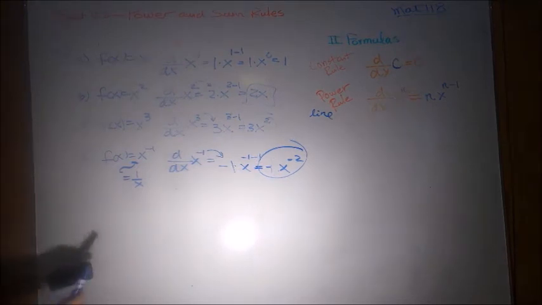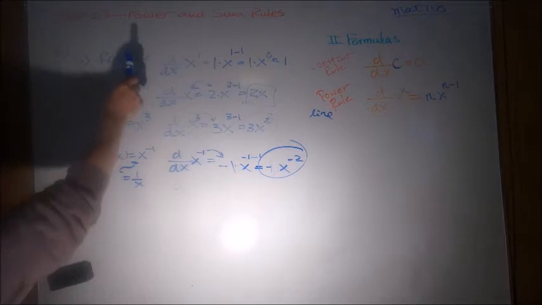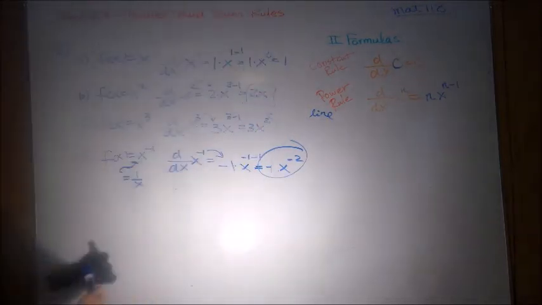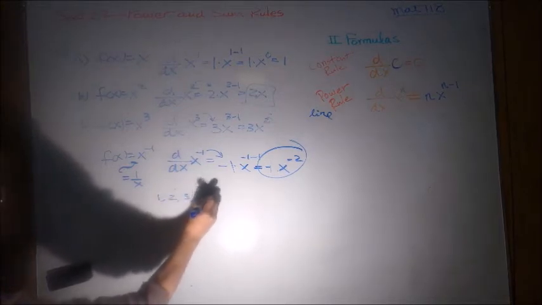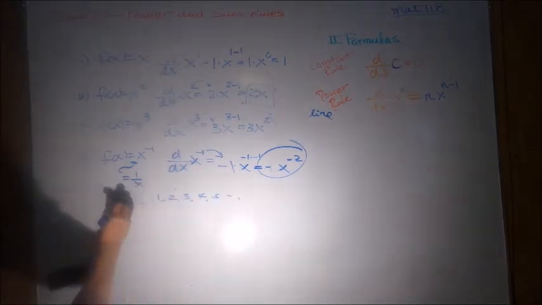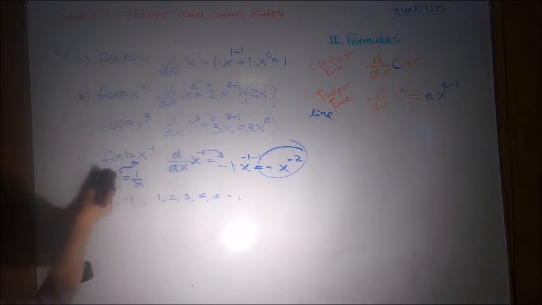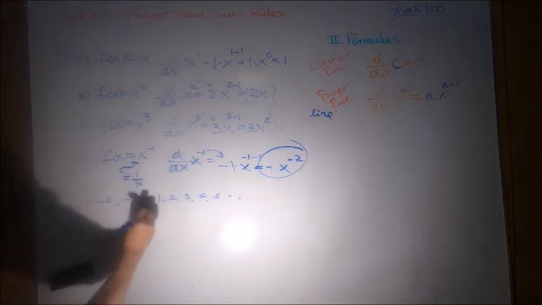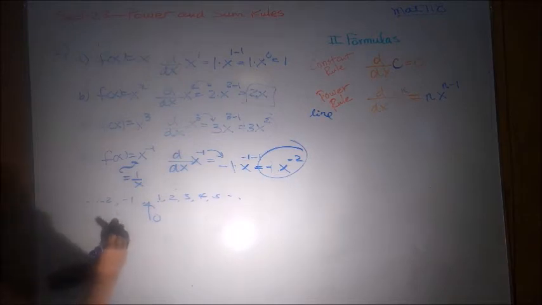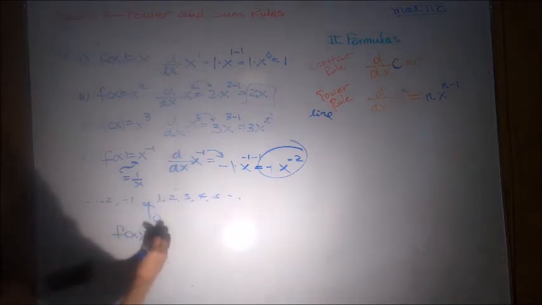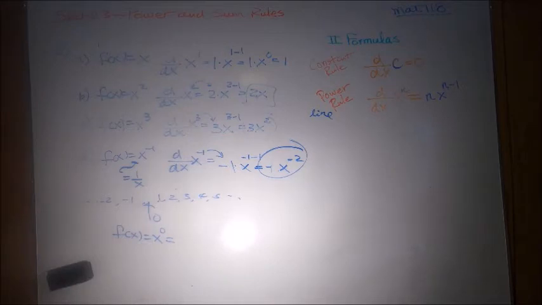You see, we go through what? 1, 2, 3, 4, 5, and on. Then we went through what? -1, -2, we can all use. What happened to 0? Right? So if f of x is x to the 0 power, what is x to the 0 power?